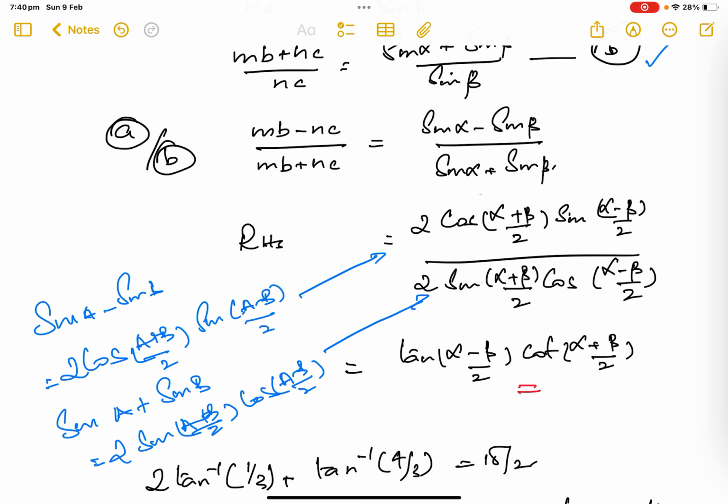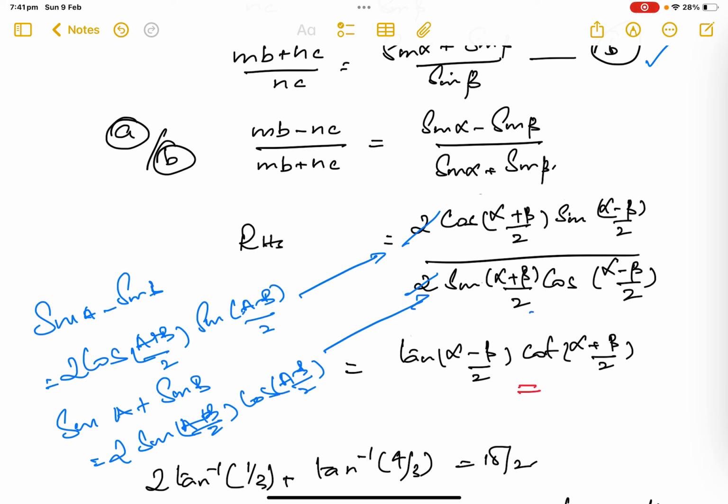So now the 2 is cancelled out. What we have is cos (alpha plus beta) divided by 2 over sine (alpha plus beta) divided by 2.